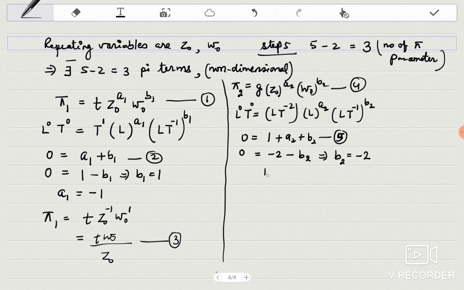Now put b2 here. 1 plus a2 minus 2 is 0, or a2 is 1. So finally you got your pi 2. Pi 2 is equal to g z naught raised to the power a2, a2 is 1, and w naught raised to the power minus 2, or you can say it is g z naught upon w naught square.